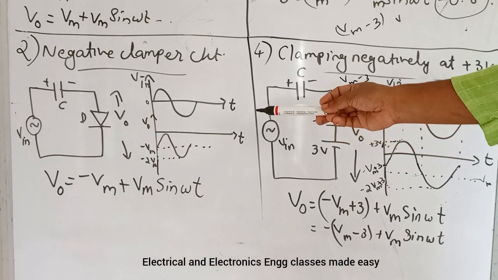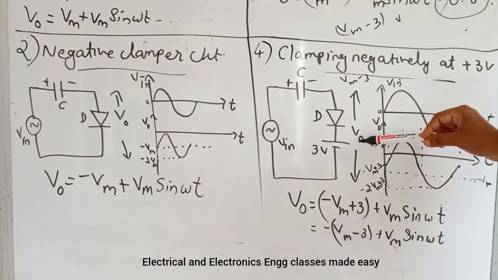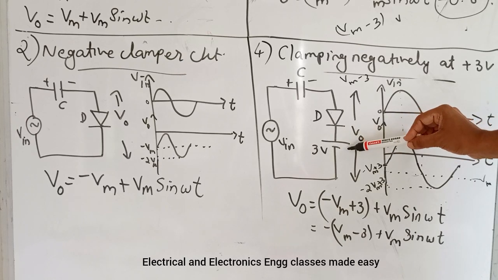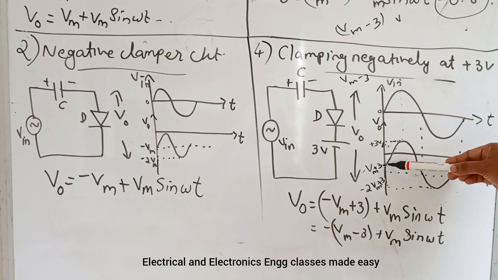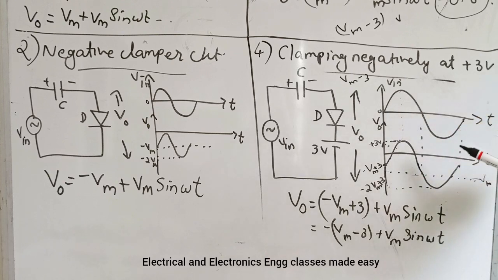So compared to the negative clamper circuit, if we add a plus 3 volt here, then the waveform will be shifted plus 3 volt upward. So this is negative clamping at plus 3 volt.